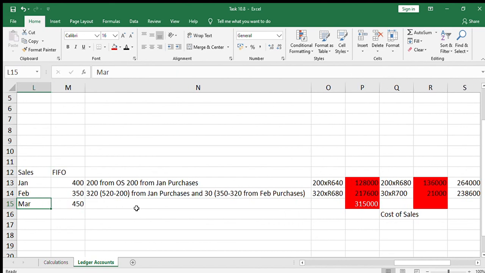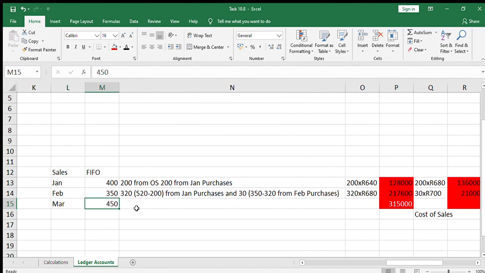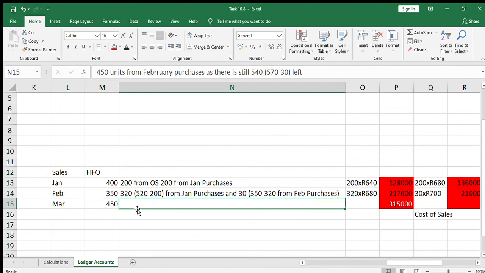Okay, then in March, 450 units were sold. Now again, there were some units left from February which need to be sold first before the March units can be sold.